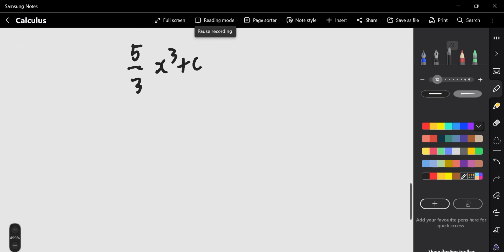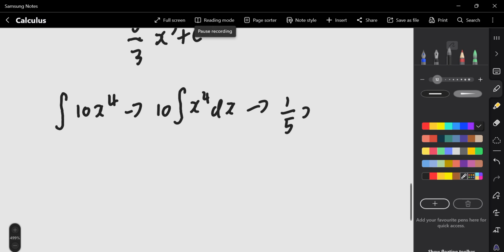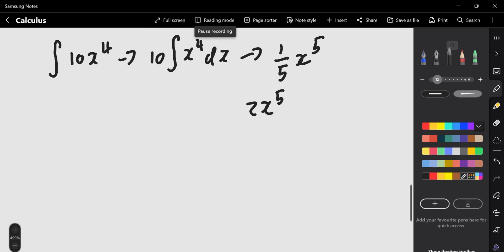And let's do another example. Let's do the integral of 10x to the 4. Well, this is 10 lots of the integral of x to the 4. The integral of x to the 4 is 1/5 of x to the power of 5 using our power rule, times through by 10 is going to give us 2x to the 5. You can just include it linearly.